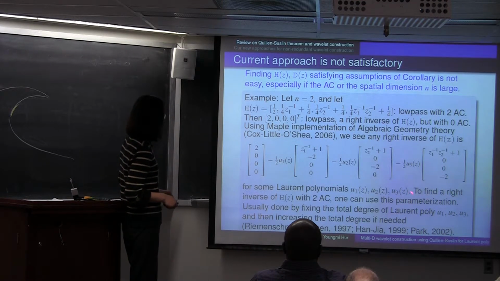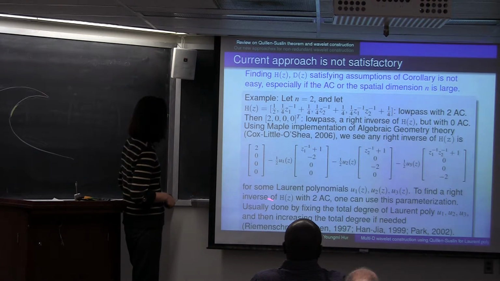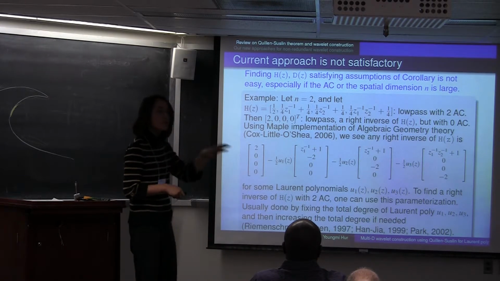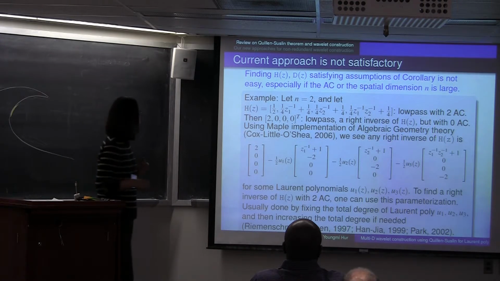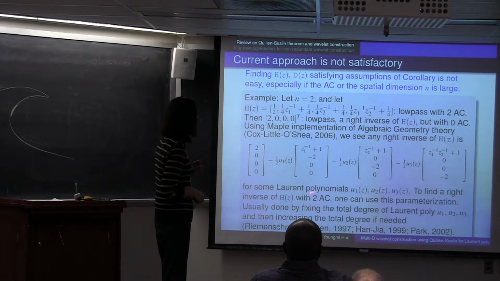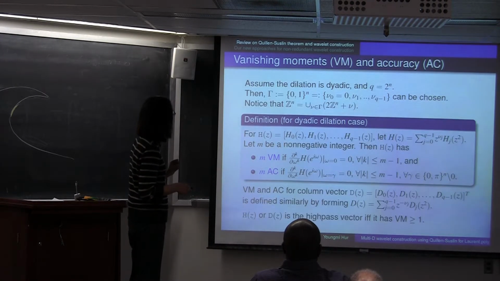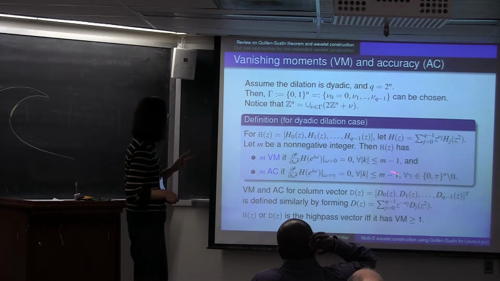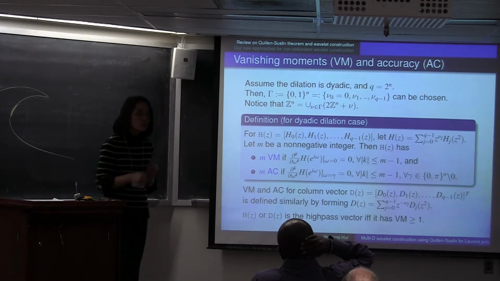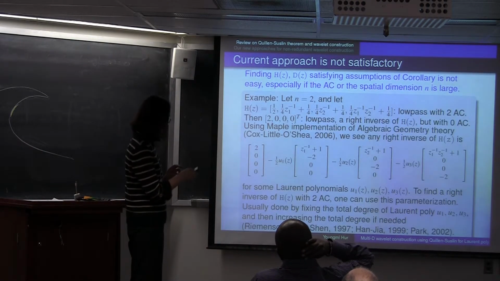And usually what people do is that after you make use of the theory, you find a right inverse of h of z with two accuracy by just imposing those conditions. Those conditions were finite conditions, right? So in this particular case, if it is two-dimensional, and it's two accuracy conditions, for n equals 2 you would have 3 points, and for each point of gamma, you would have 3 conditions. So you would have 9 conditions for this one.